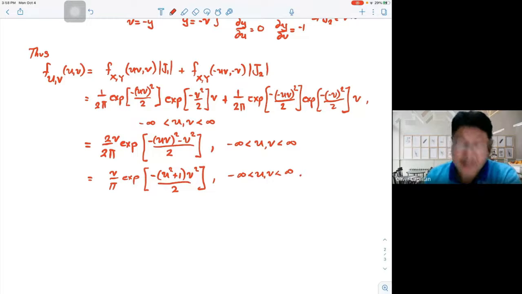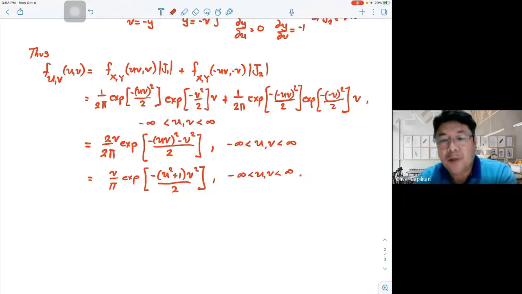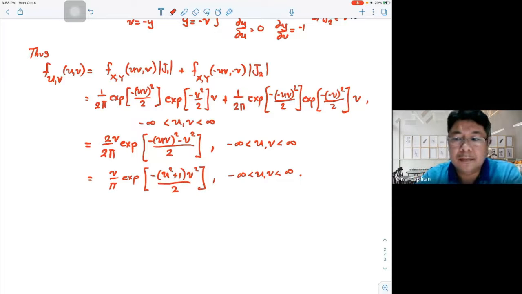Okay, so that's the answer for letter B problem. That's the joint PDF of the new random variables U, V.